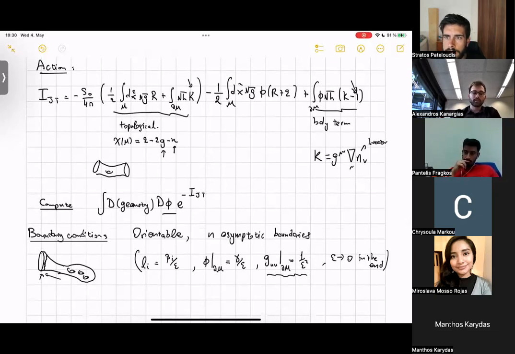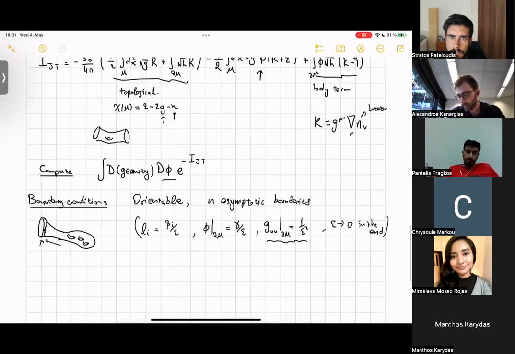You see, it's in a linear term, so it's like we give a constraint, like an auxiliary field, but still we should integrate over all these values in order to get this constraint in the functional integral. Yeah. Okay, let's see. I don't want to interrupt you anymore.